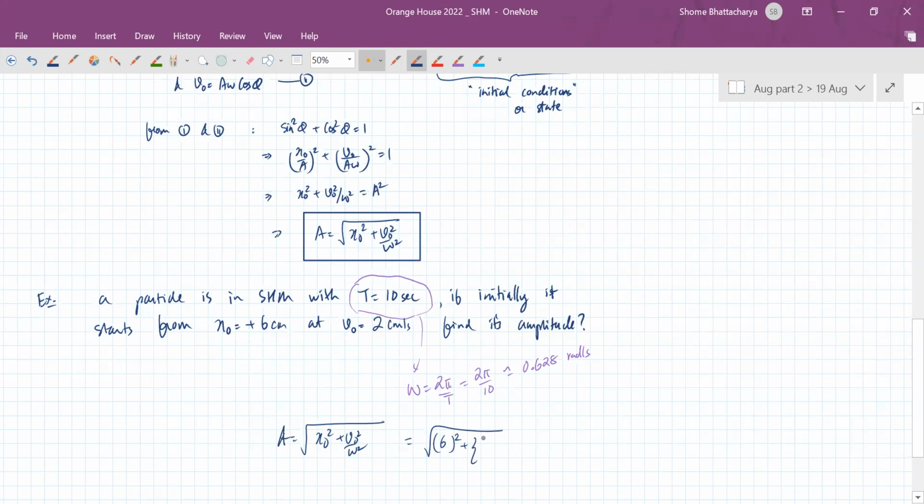So v naught by omega will become 2 upon 0.6. I'll approximate this as.